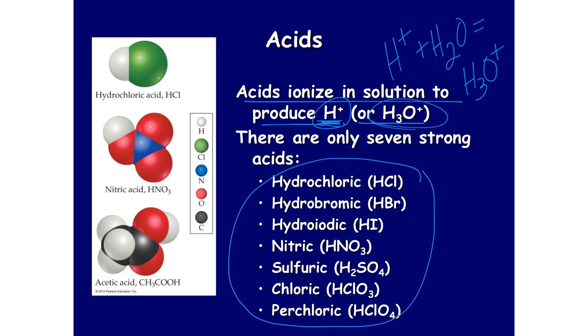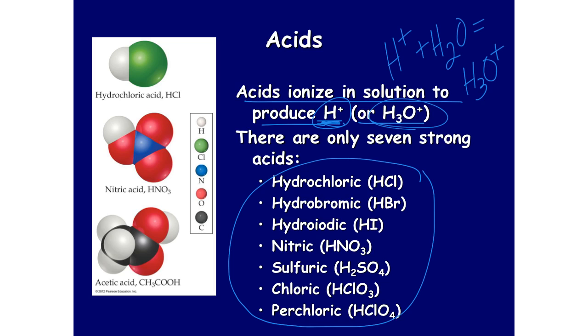Then we have nitric acid, sulfuric acid, chloric, and perchloric acid. So out of the chlorate series, HClO4, HClO3. The other ones are not on the strong acid list, therefore they would be weak acids.